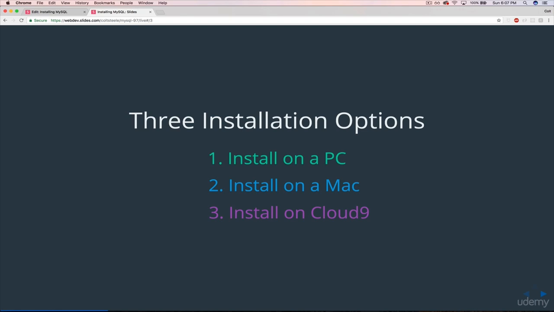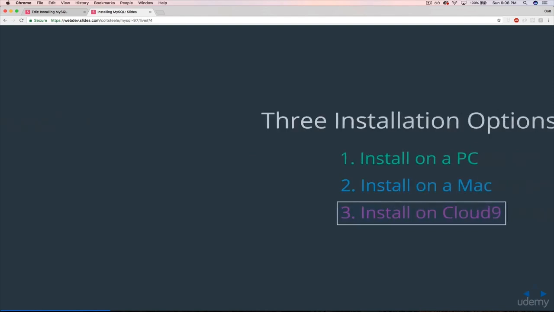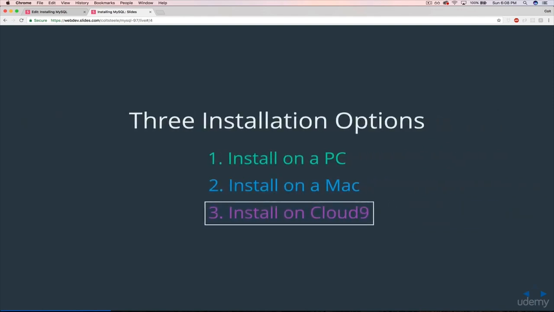If you've taken my other course, you may be familiar with Cloud9. It's basically an online interactive development environment. In just a couple of videos, I'll go into some more detail about it. And before we go any further, I just want to highlight that installing using Cloud9 is without a doubt the best and easiest way to get started, and it's what I recommend that you use, which is why I spent so much time drawing this little box around it.